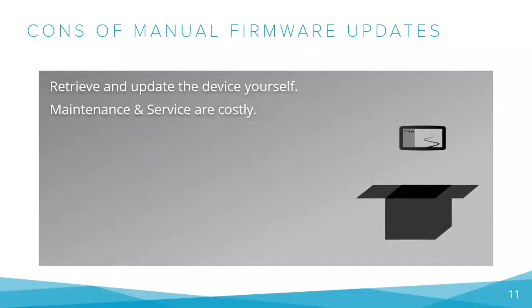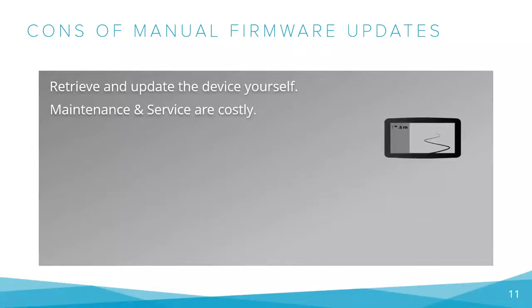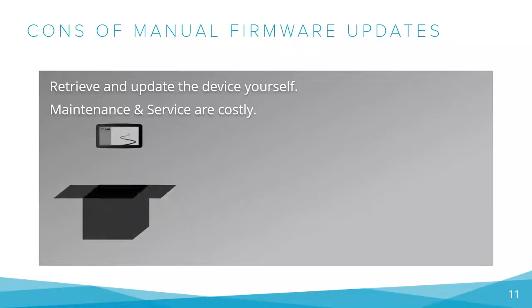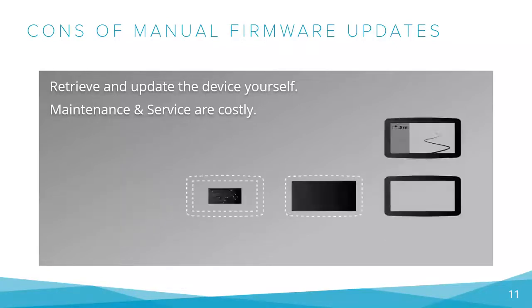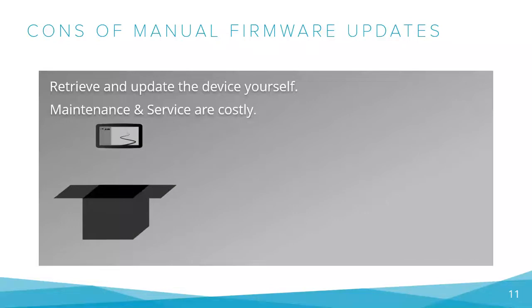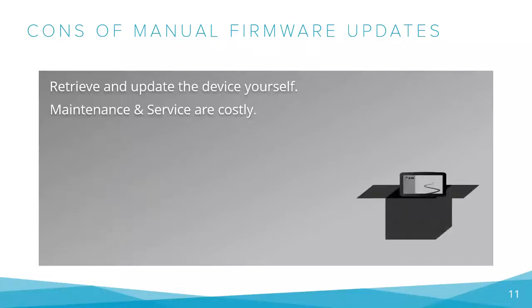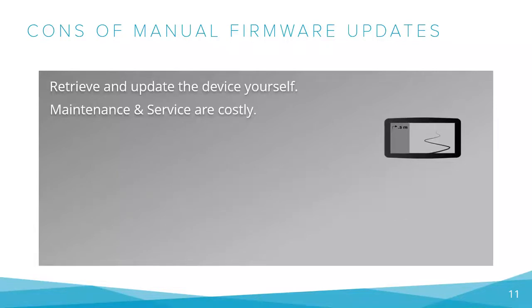So in addition, manual firmware update aren't scalable, meaning that the device may be difficult or impossible to update once they are out of your hand. So if the device is too complicated for the end users to do the update by themselves, they may have to bring the device to you in order to get it serviced.